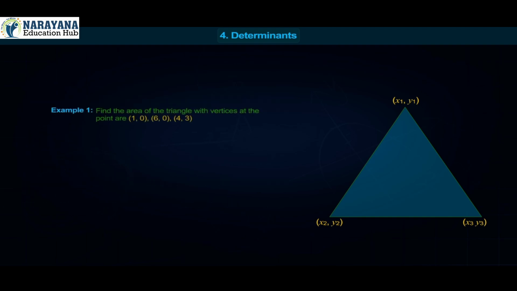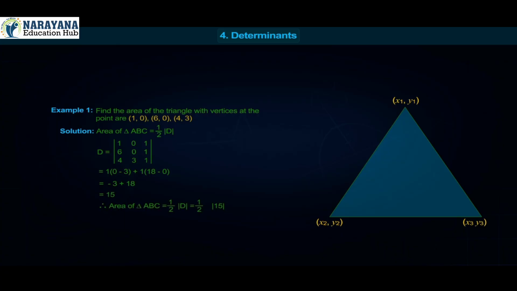Example 1. Find the area of the triangle with vertices at the points 1, 0, 6, 0, 4, 3. Solution. Area of triangle ABC is equal to 1 upon 2 into the modulus of D. D is equal to the determinant 1, 0, 1, 6, 0, 1, 4, 3, 1, which is equal to 1 into 0 minus 3 plus 1 into 18 minus 0, which is minus 3 plus 18, equal to 15.